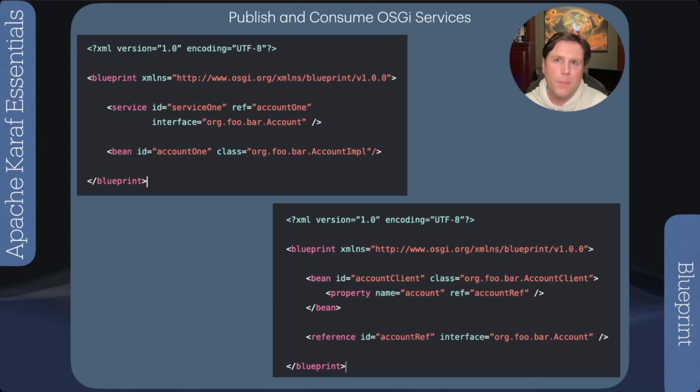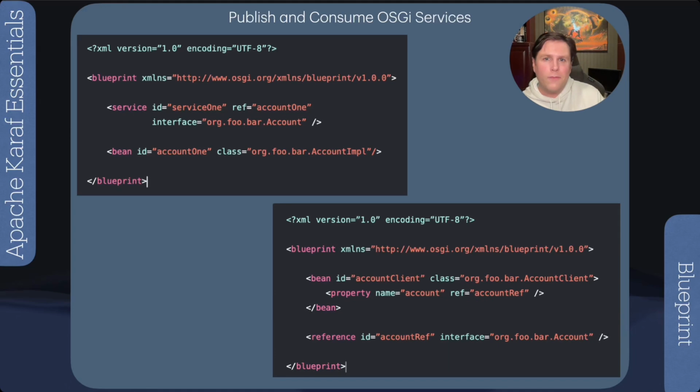We can also set up publishing and consuming OSGi services. This is a really important part. In the top corner, you can see we have an account impl, which says, here's an object called an account, and this is the implementation of it. And we have a service that takes this implementation and publishes it on the interface. So we're saying we have a service that provides an account. In a different Blueprint, we can set up a client that wants to use that service.